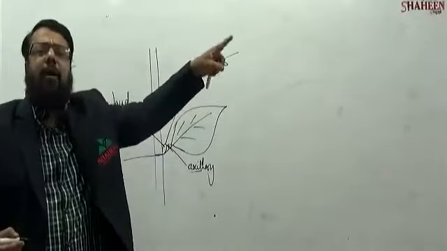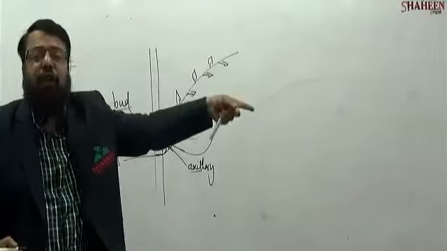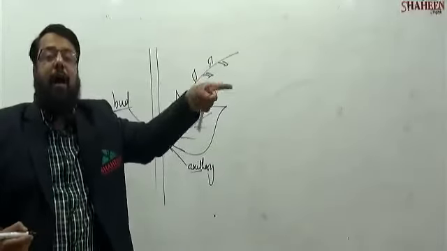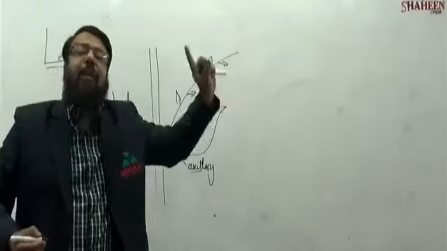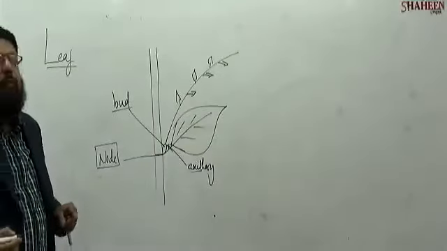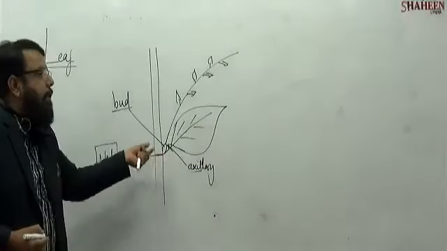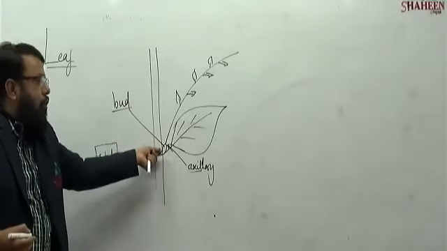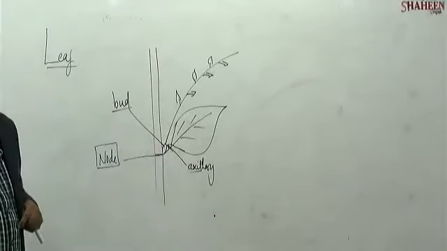Later we will come across how the transformation of axillary bud into inflorescence or branch or a flower takes place. But axillary bud is present in the axil of leaf that grows into a branch.